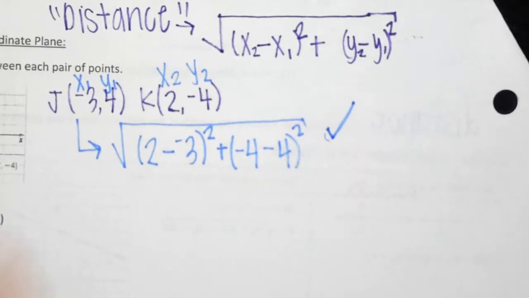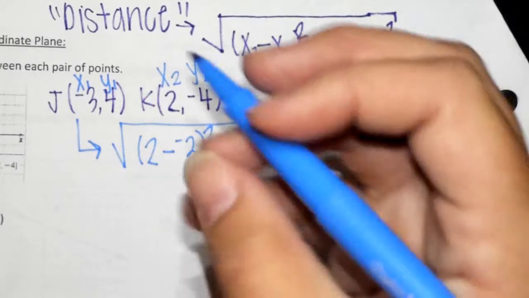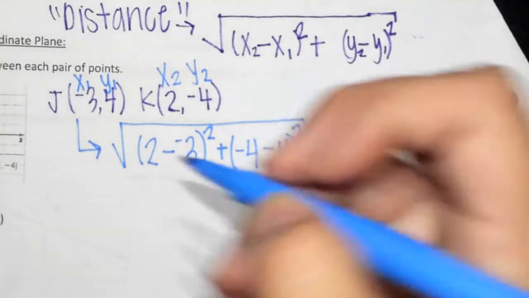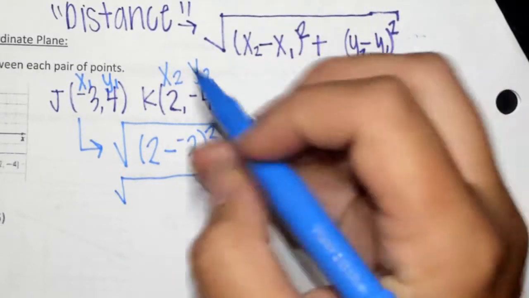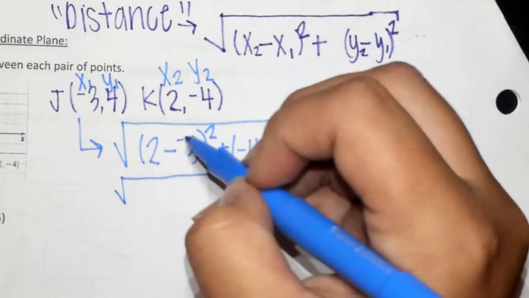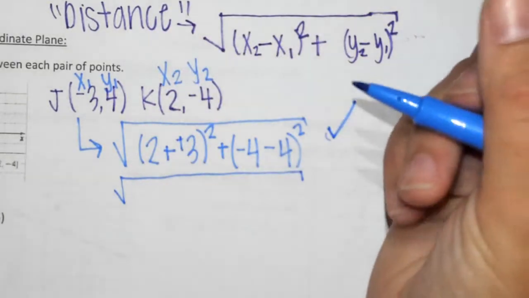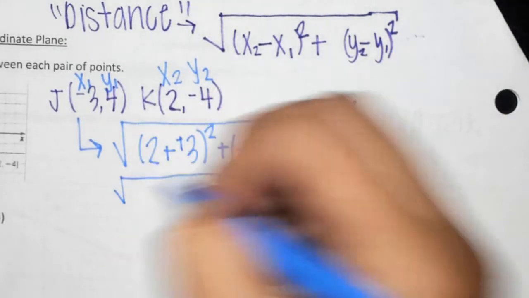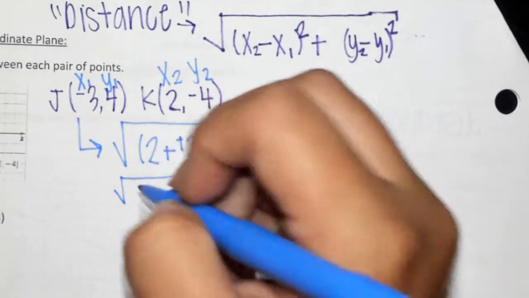First thing I would do is take care of your parentheses because why? PEMDAS, right? P, parentheses. So 2 minus -3, keep it, switch, that becomes 5.